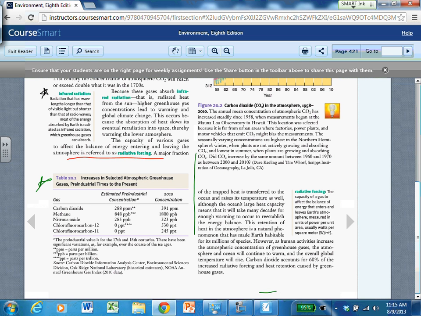Here's a definition for radiative forcing: the capacity of a gas to affect the balance of energy that enters and leaves the Earth's atmosphere, measured in units of power per unit area, usually watts per square meter.